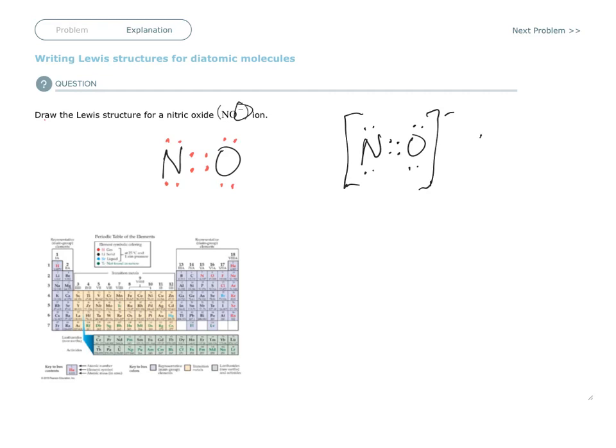Or you can do it with bars: nitrogen with 1, 2, 3, 4 dots, a line, then O with dots. This is still the same, so this would be 1, 2, 3, 4, 5, 6, 7, 8 on each atom. And then it has to show that it's an ion, so it would be either one. And I think ALEKS would probably take either one of those. That's my guess. Okay, thank you.